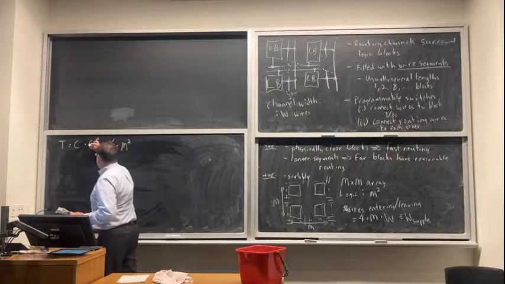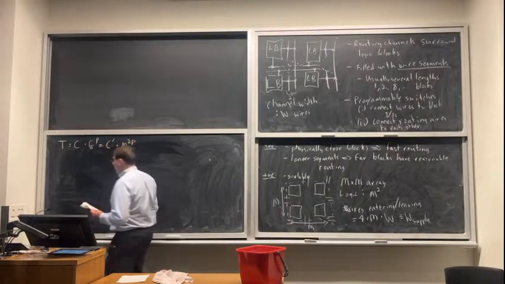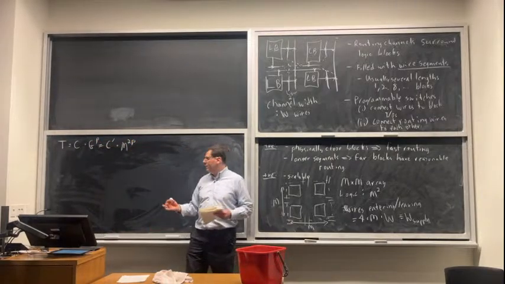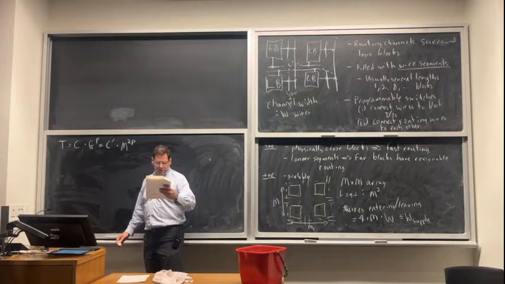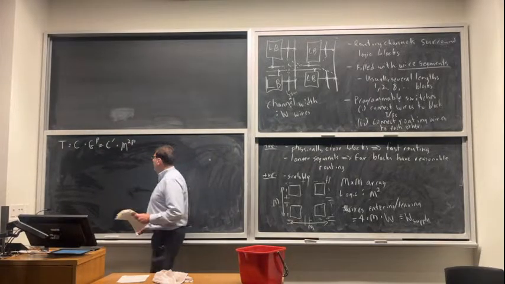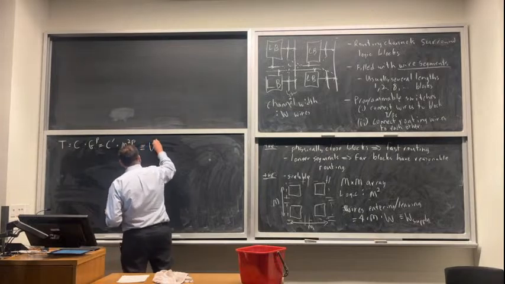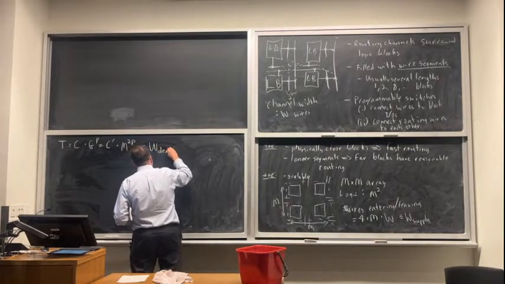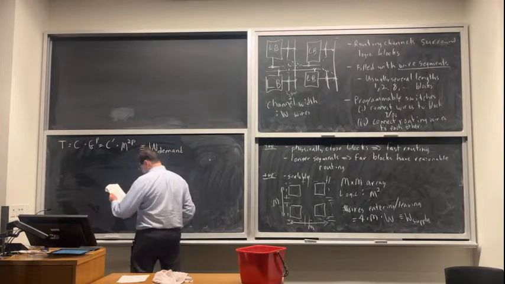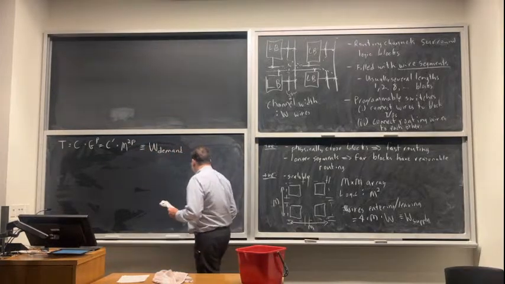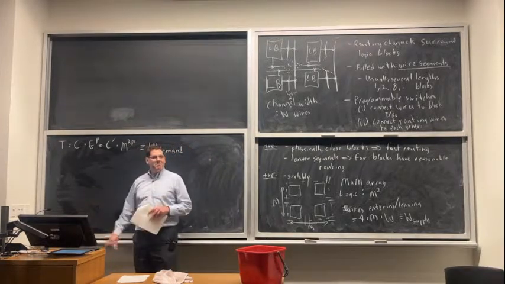It's supposed to take my total amount of logic and raise it to the Rent exponent to figure out how many terminals I need to get in and out. We're going to define that to be the wiring demand. Everybody with me on this?